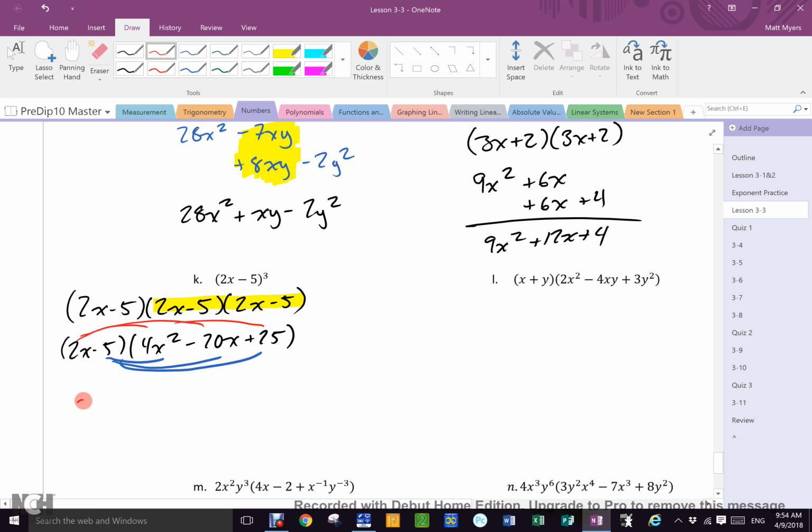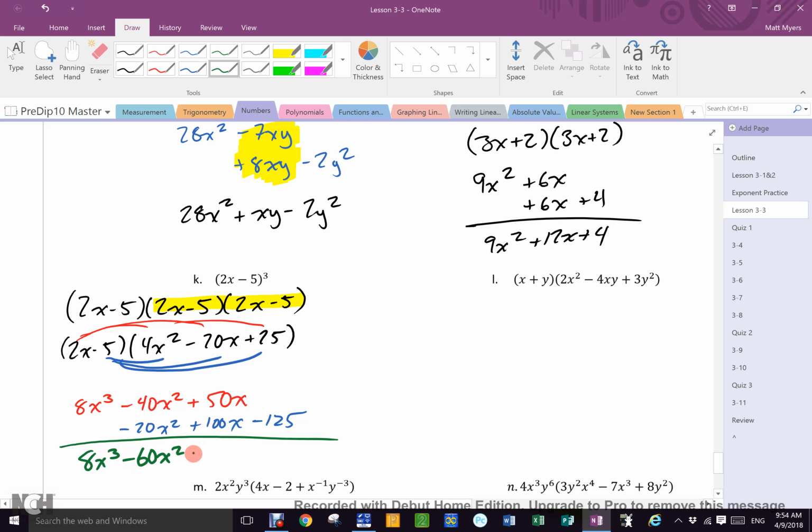So it's 8x cubed minus 40x squared plus 50x minus 20x squared, so I group it together, plus 100x minus 125. Then I add it all up to get 8x cubed minus 60x squared plus 150x minus 125.